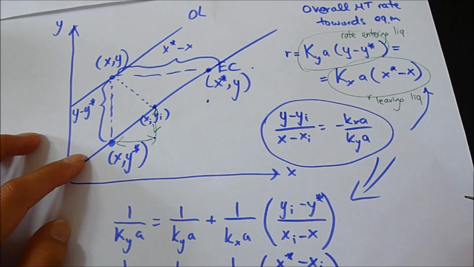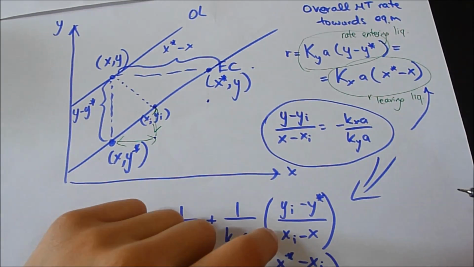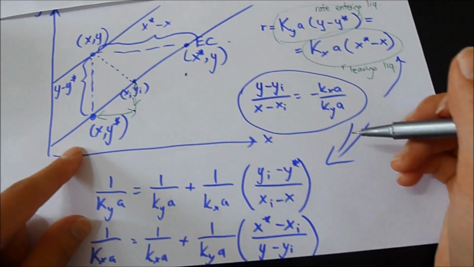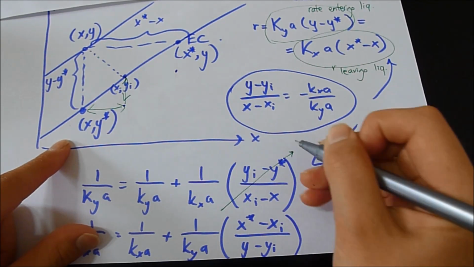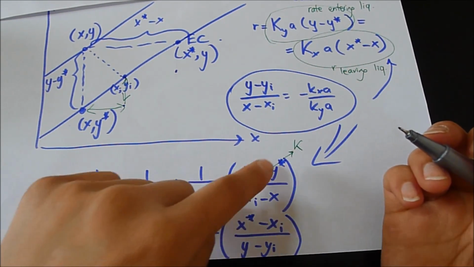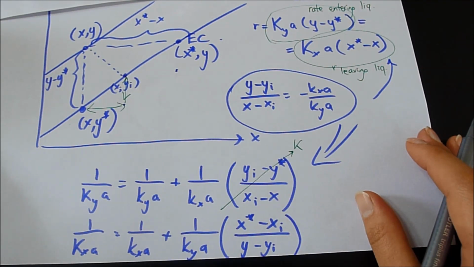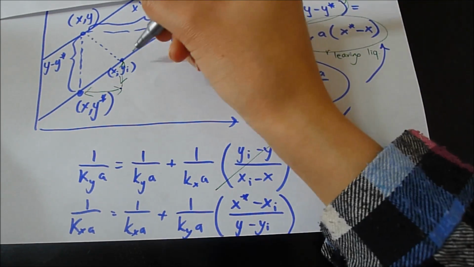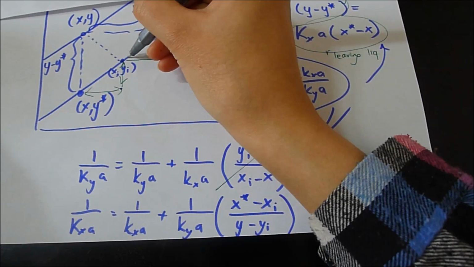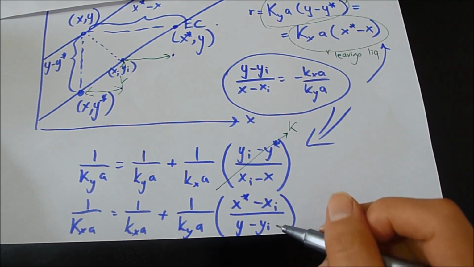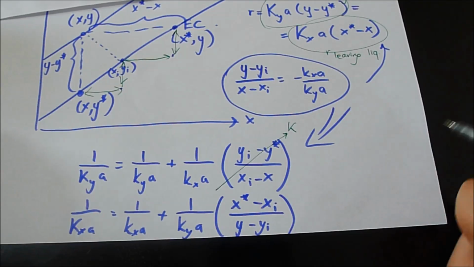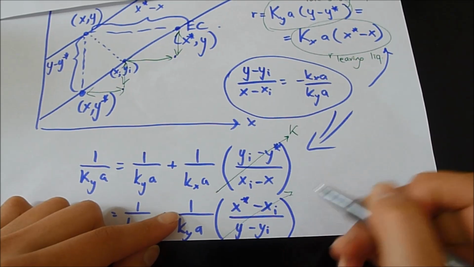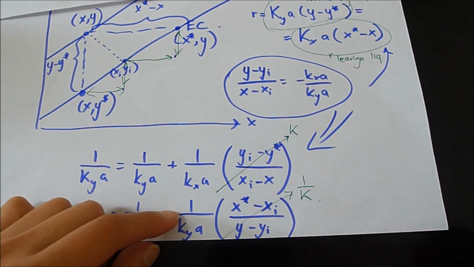So this is the slope of the equilibrium curve, and the slope of the equilibrium curve is actually equal to big K. So this will be simplified to big K. And the bottom bit, x star minus xi, is this bit, and y minus yi is this bit. So this over this is 1 over K. So this can be simplified to 1 over K.